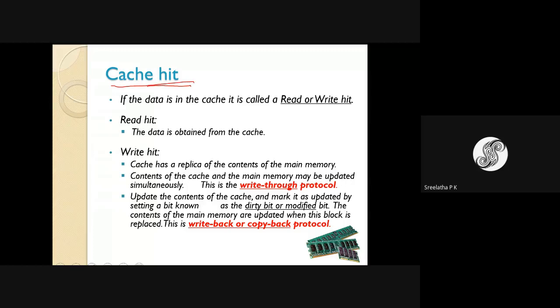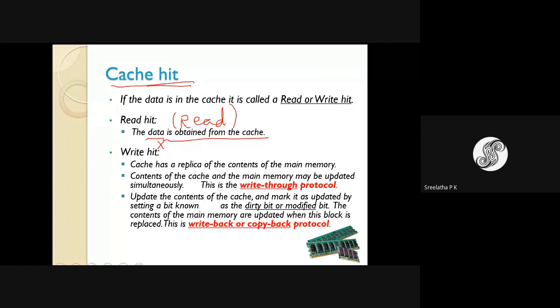Now, what happens if it is a cache hit and I want to read the data? Data is available in cache memory, so the data, which can be data or instruction, is taken from the cache memory.